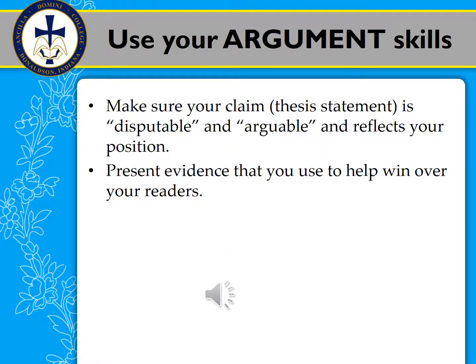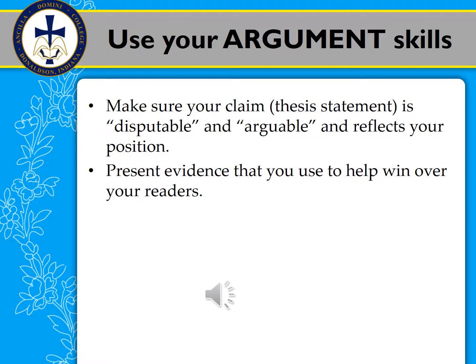Something to keep in mind with this paper is you're going to want to use your argument skills. What we're doing in this class, and I've made no secret of it, is that in the first 2 to 3 papers, we looked at some basic skills that you're going to need, some basic writing skills and some basic approaches. One of those is using argument.